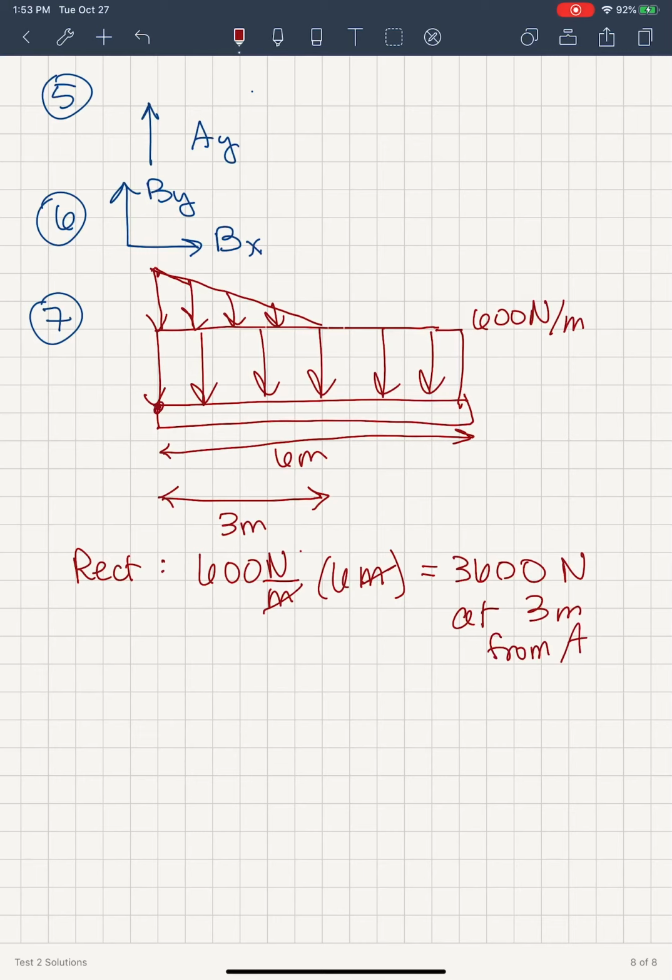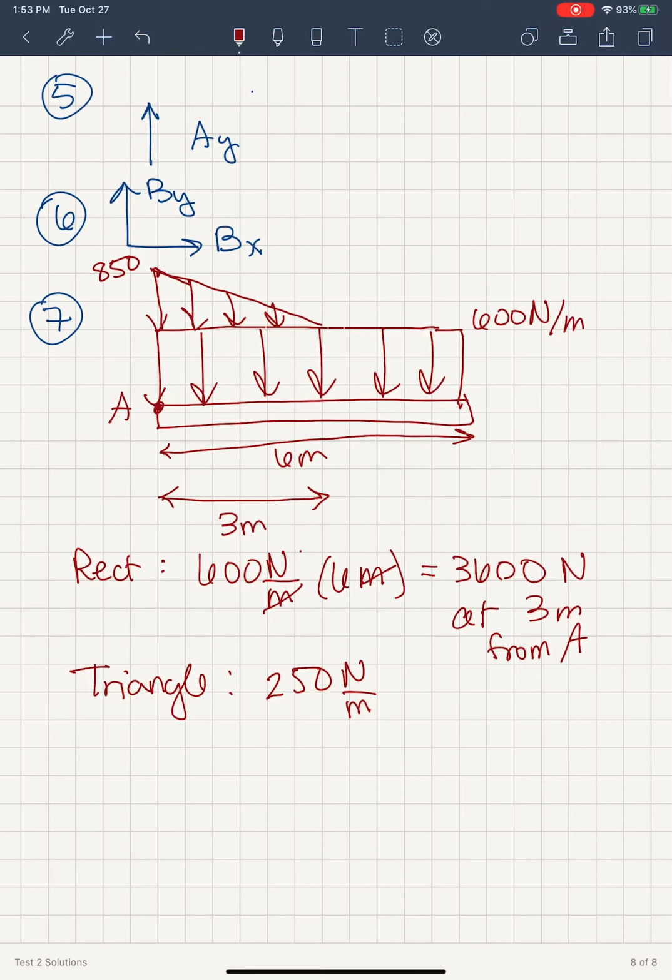A was over here. And then the triangle on top is going to be, so that goes from 850 down to 600 newtons per meter. So that's really 250 at the top end. So that's 250 newtons per meter.